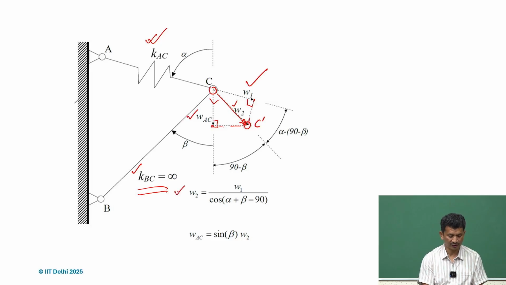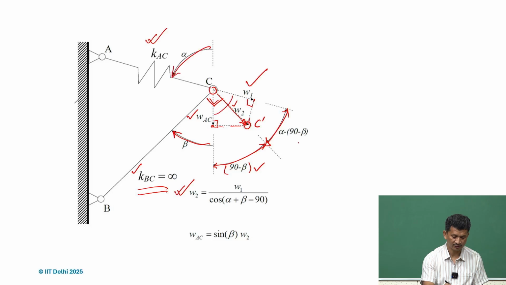Similarly, we can write W2 in terms of W1. This is the angle beta, and since this is 90, this angle will be 90 minus beta. And when it comes to this angle, this entire angle is alpha again, so that will be alpha minus 90 minus beta.